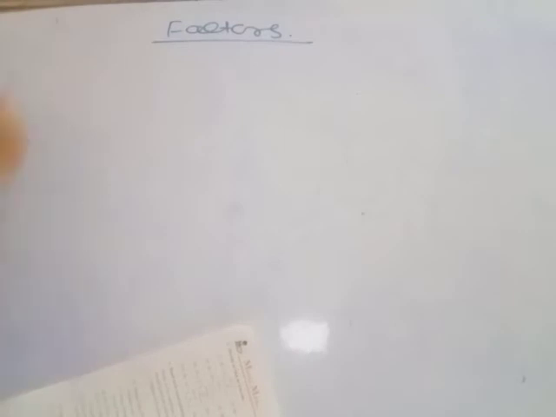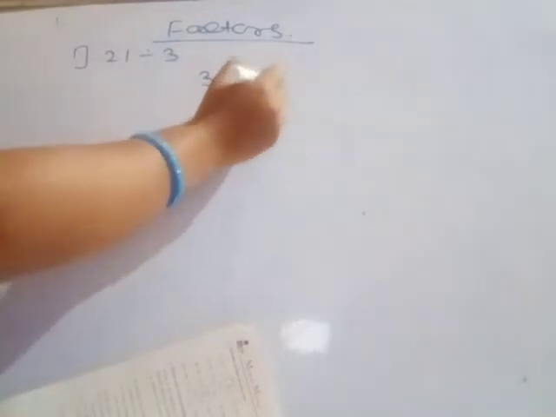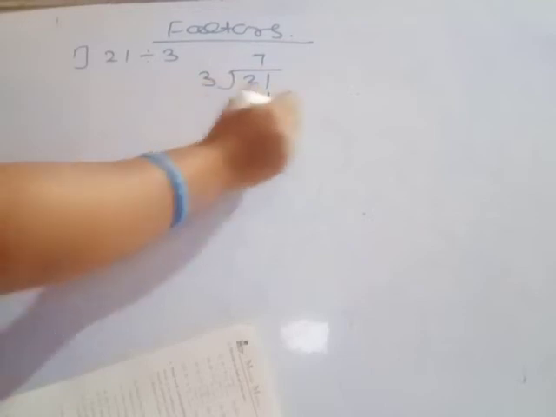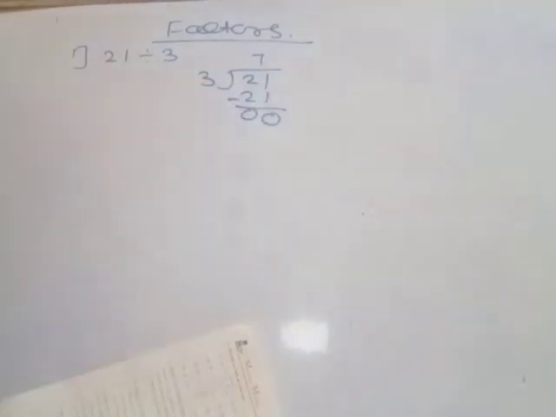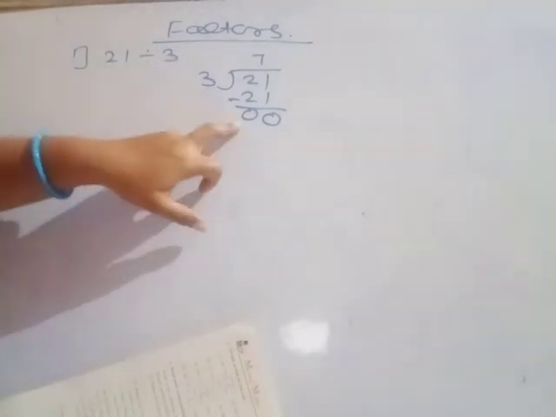See one example. 21 divided by 3. When we divide 21 by 3, 3 sevens are 21. Then the remainder is 0.